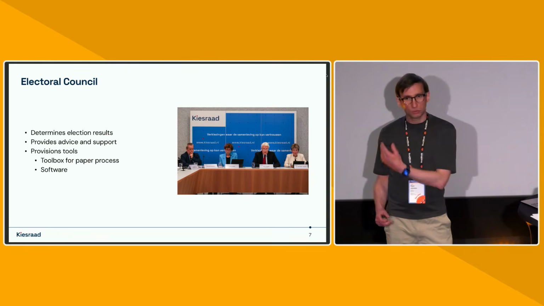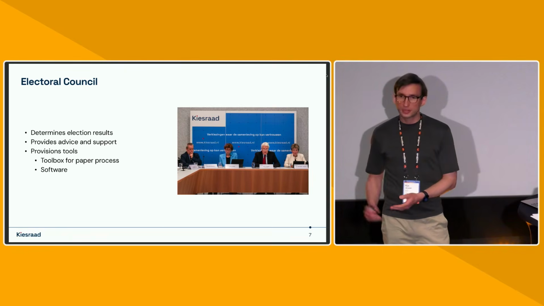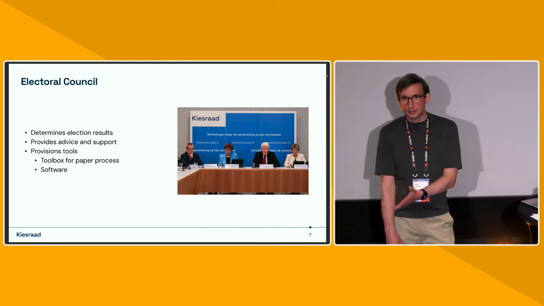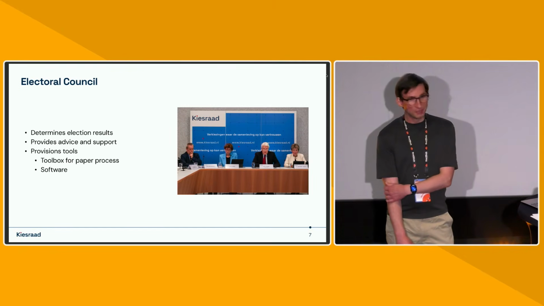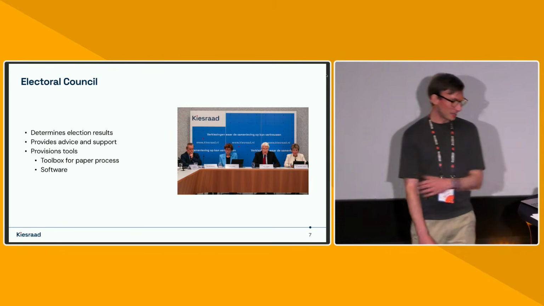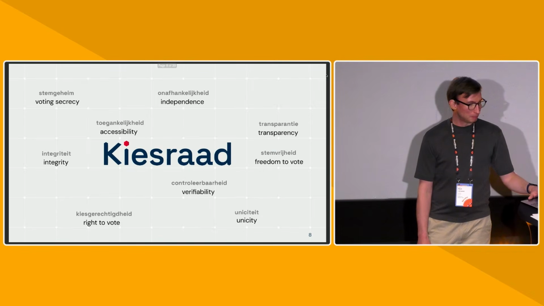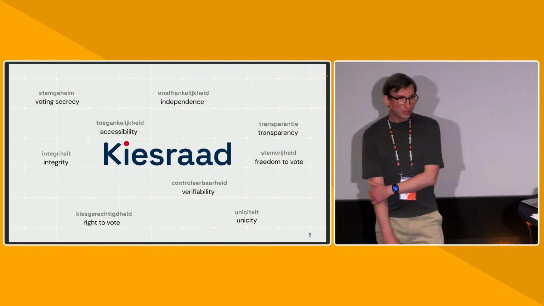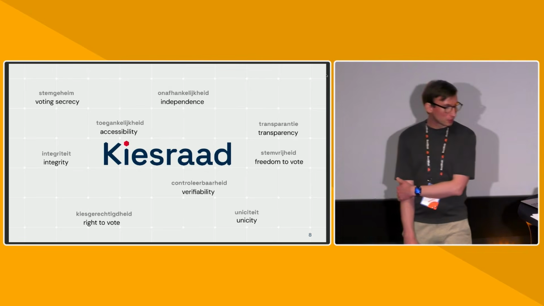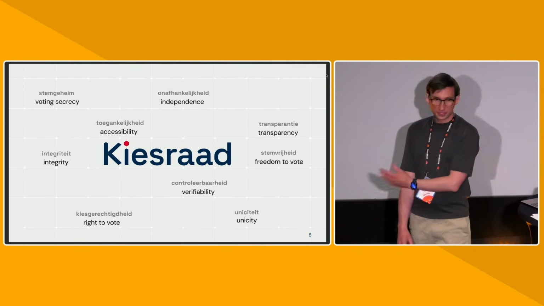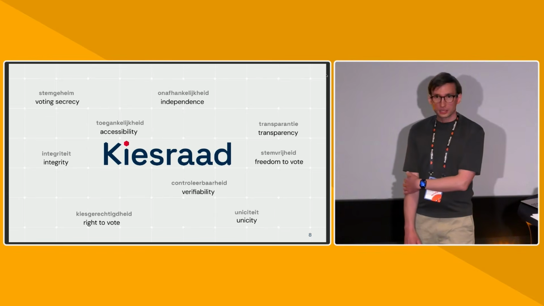So all the forms you saw, they provide that, a template for everyone to fill in, and more importantly, for this talk, they provide software. They do that according to the core values, which are shown here. I'm not going to go through every single one of them, but for software, most important are integrity, transparency, and verifiability.